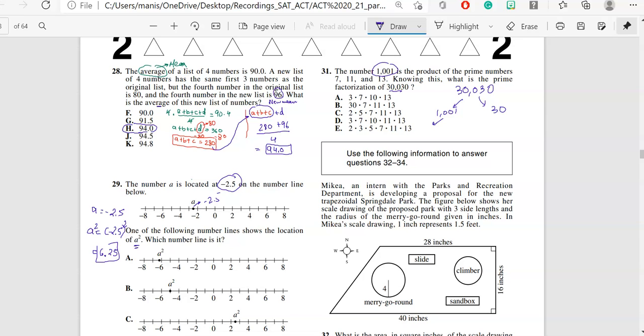Now you know the prime factors of this are 7 times 11 times 13 because it has been given to us, and for this we can have 10 and 3, and 3 is a prime factor, and 2 and 5. So looking at our prime factors, I came to know that option E is the correct answer choice for question number 31.